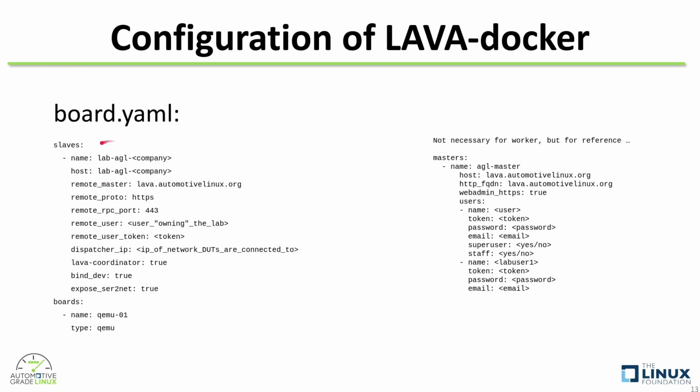The usual template is given here: your lab name, the host name of the lab, the remote, which in our case is lava.automotivelinux.org, the remote user account on the scheduler, the token on the scheduler, and the IP of the internal DUT network, in case you have a second network interface just for the devices under test.